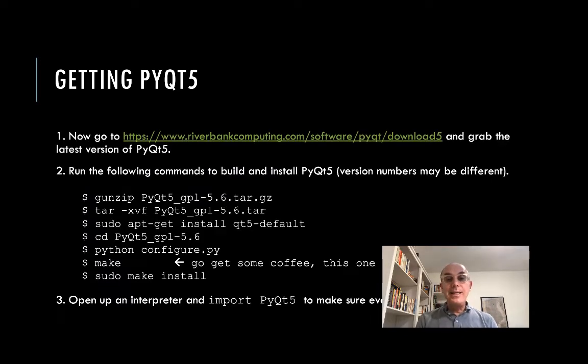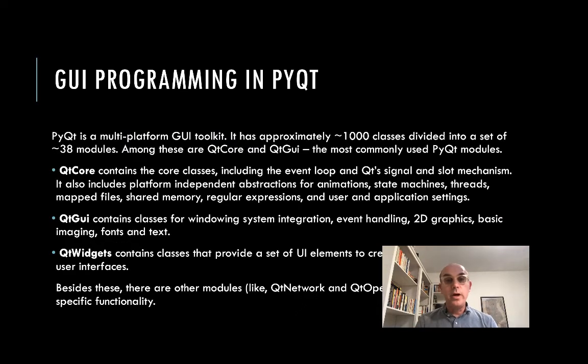And the idea here is that you get some coffee, because the make will take some time, and I highly recommend, as a coffee drinker, to take it because it will take some time. As a result, you're going to open up the interpreter, which means another window or application, to make sure everything is working.